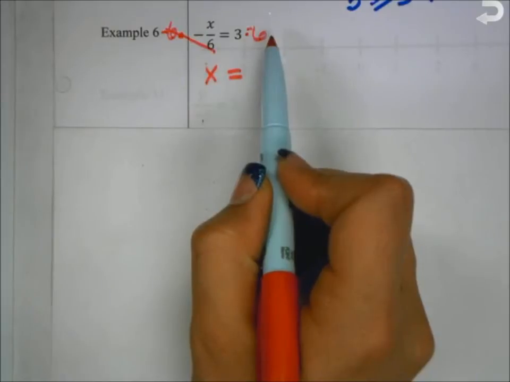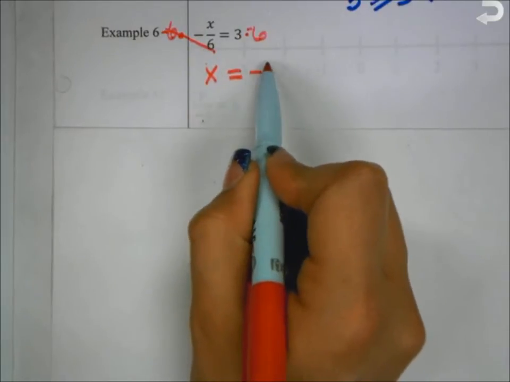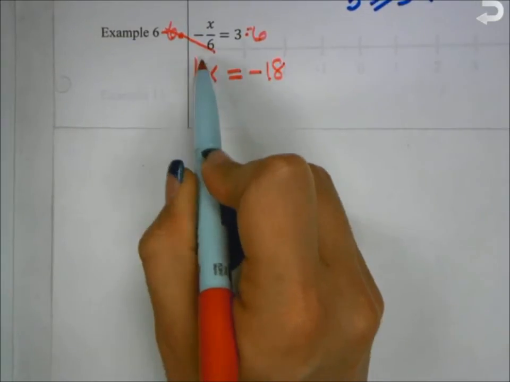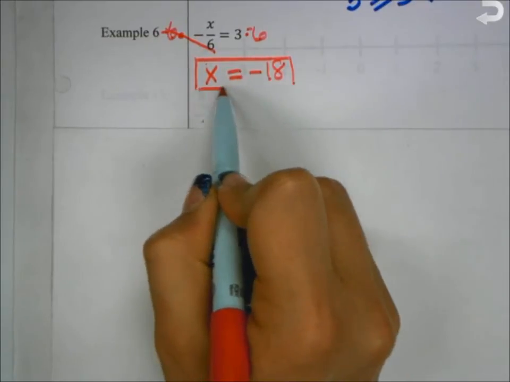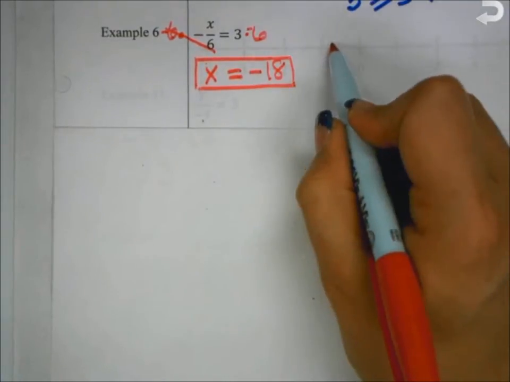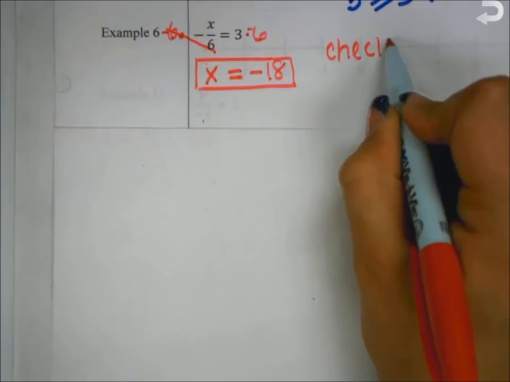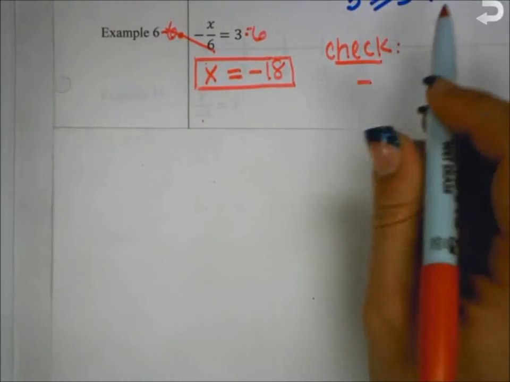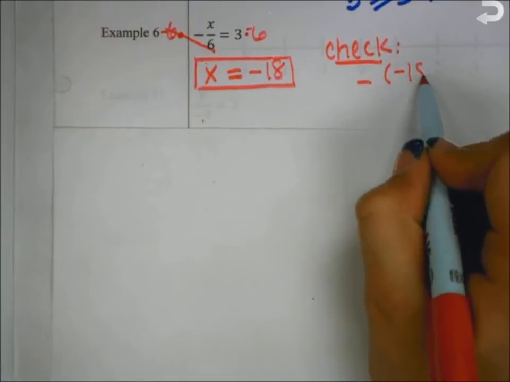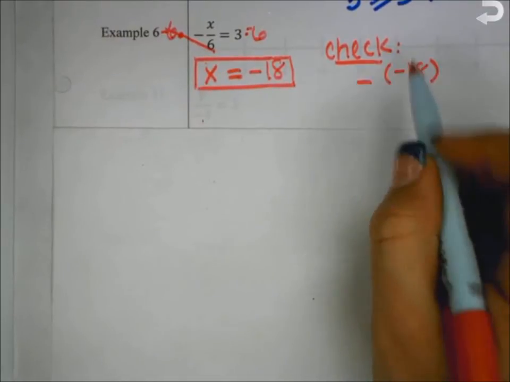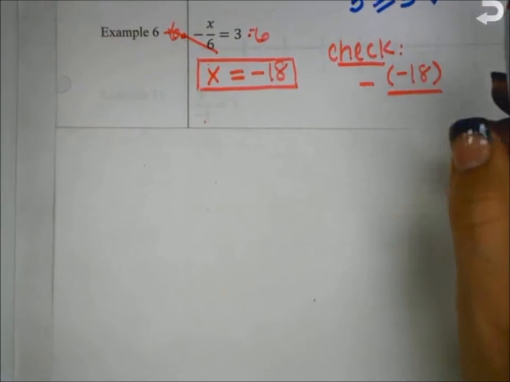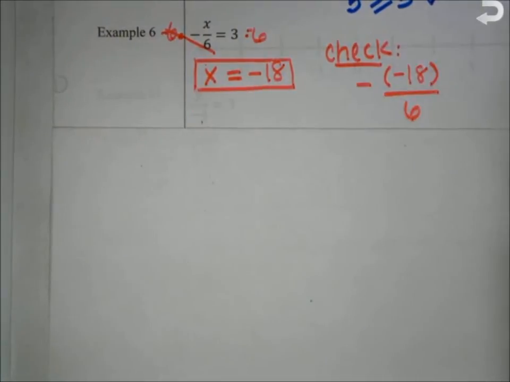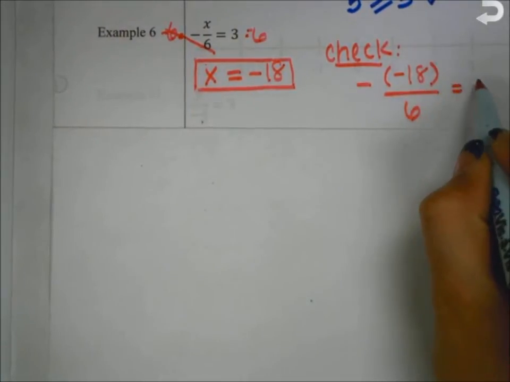Let's check it. We have negative on the outside. X is negative 18 divided by 6, and we want that to equal positive 3. I'm going to keep that negative on the outside.